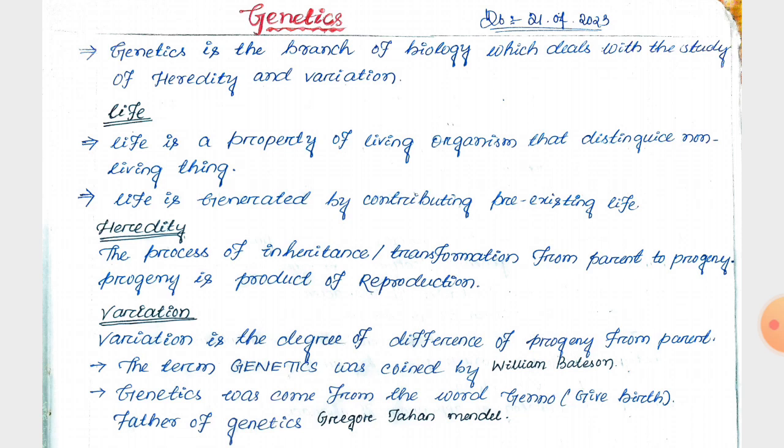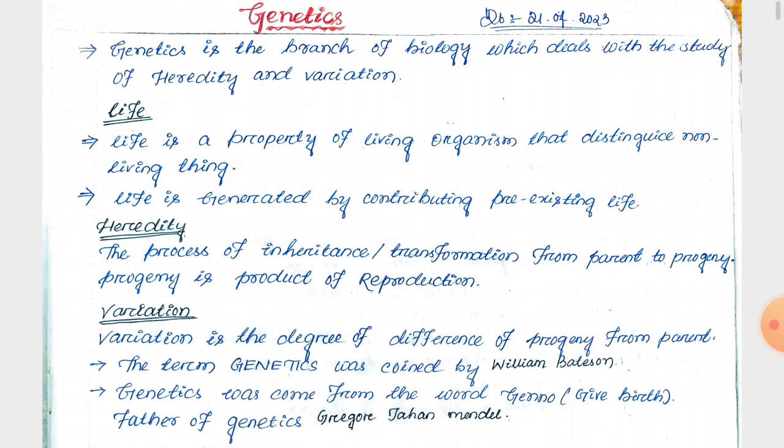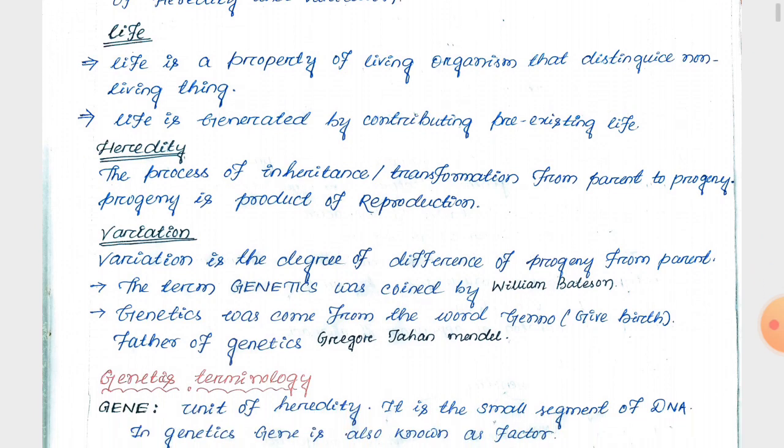Before starting the principles of genetics, I would like to explain the basic terminology used in genetics. So let's start. What is life? Life is the time interval between birth and death.